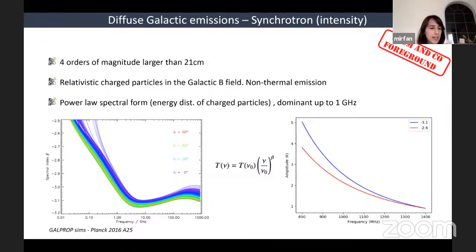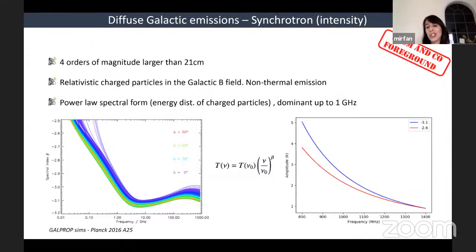This is their theoretical simulation showing how the spectral index for synchrotron emission will change not only over frequency, but the different colors there represent different galactic latitudes. So you can see it changes with position and it also changes with frequency. Now, normally when people talk about synchrotron emission, they talk about whether it's steep or flat, or they'll say there's a steepening of the spectral index as you go to high frequencies.